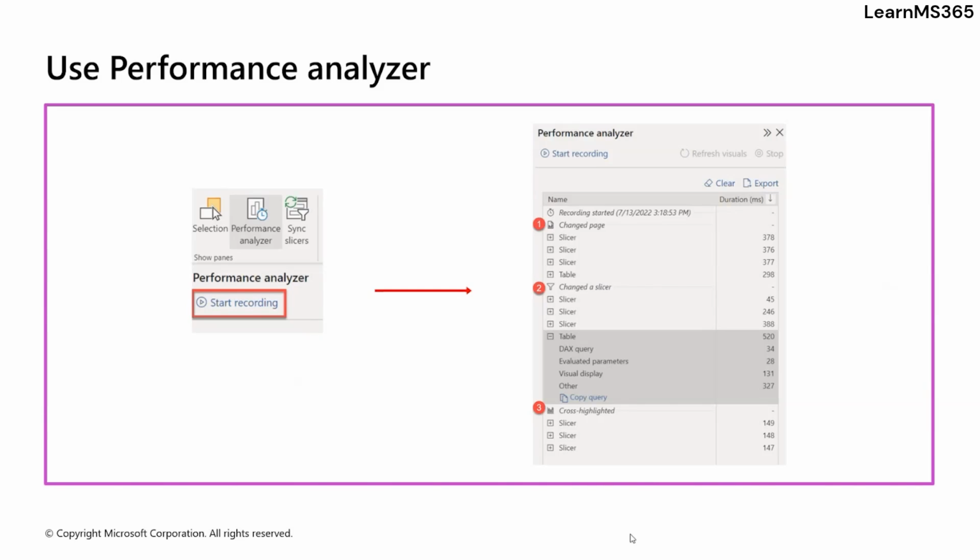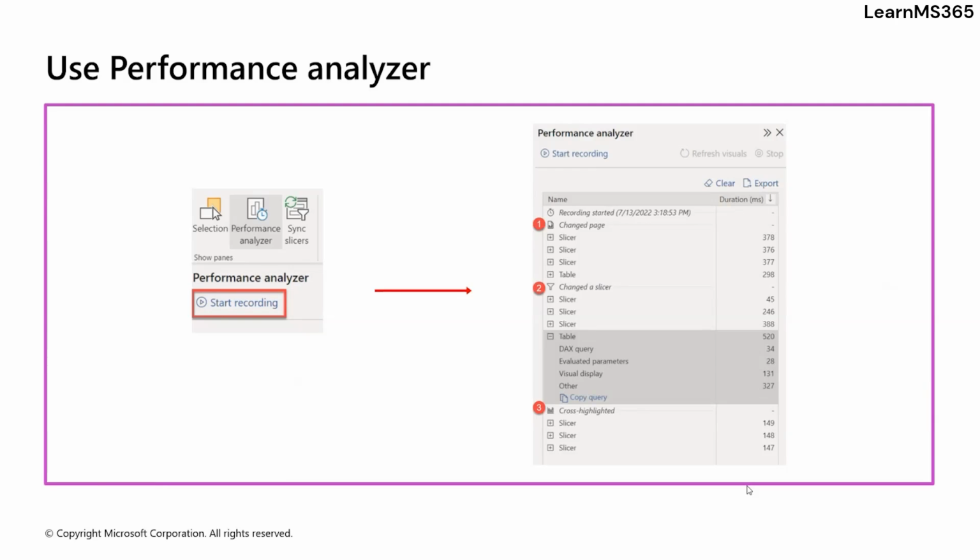It displays and records logs that measure how each of your report elements performs when users interact with them. You can also see which aspects of their performance are most or least resource intensive. You can immediately see results, make changes, run the analyzer again, and see the impact of the changes you have made.